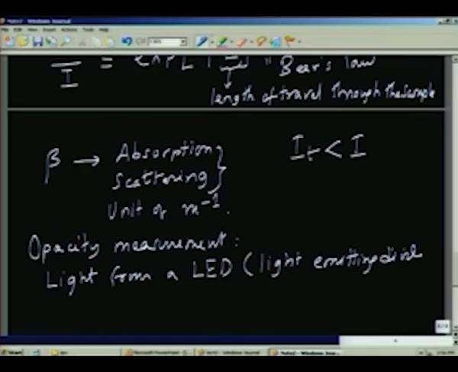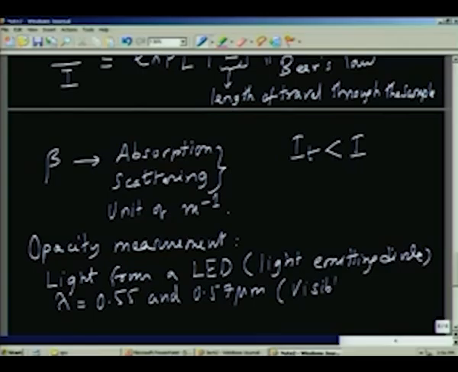The wavelength which is used is between 0.55 and 0.57 micrometers. This is the lambda of the light which is being used. It is the visible part of the spectrum. So, we use lambda equal to 0.55 to 0.57 micrometer, and the receiver is a photo detector.